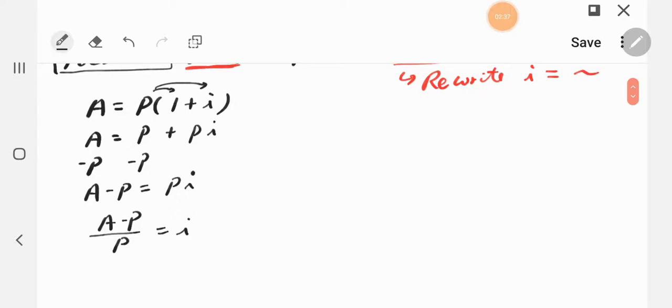And then interchange the sides. So I is equal to (A minus P) over P. So that's the solution.